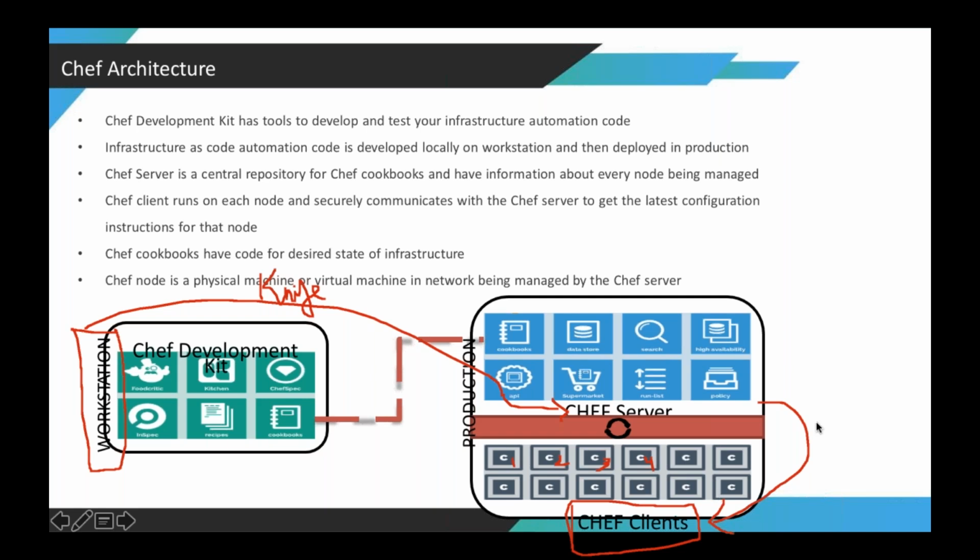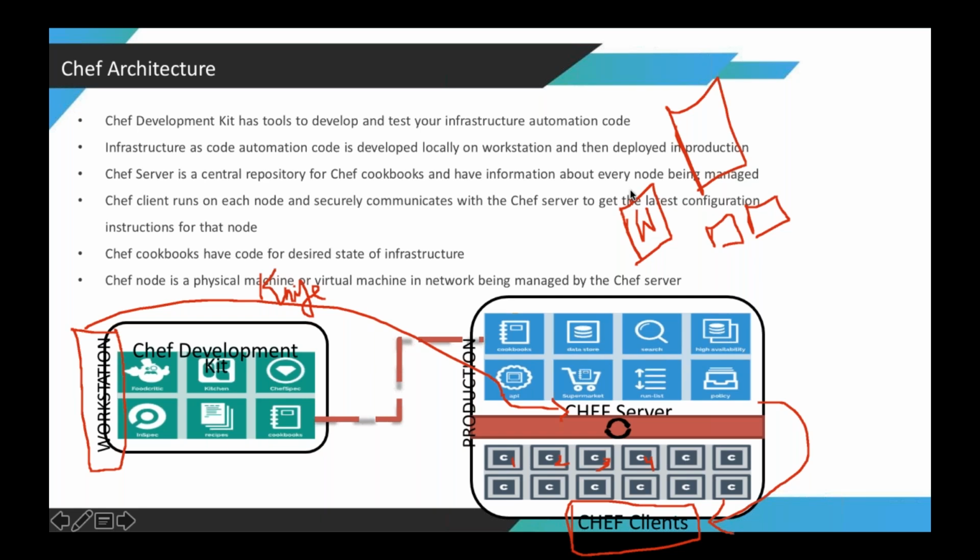So it works like this: you have a workstation, here's your Chef server, and then there are multiple clients in your environment. All the configuration you are going to write in this workstation. Day in and day out, whatever changes you have to make to Chef, you are going to do it on the workstation.